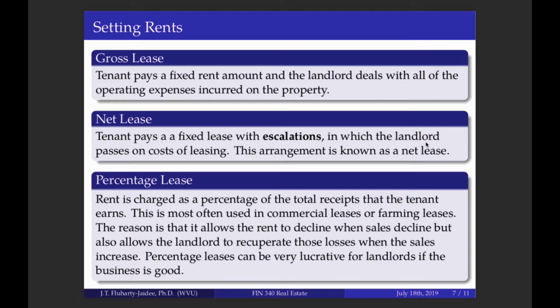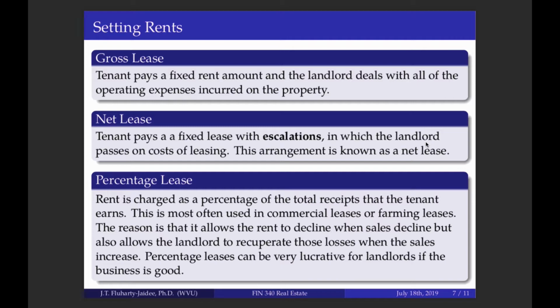So keep that in mind. It can be useful if sales are low, rents are low. However, on the other side, if sales are high, you end up paying a high percentage of rent, and you don't get that benefit from having high operating leverage if you had a low fixed rent.